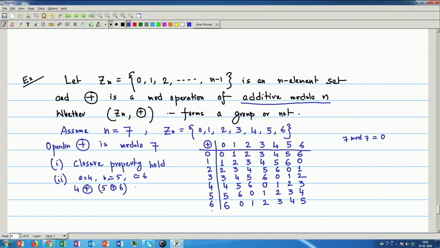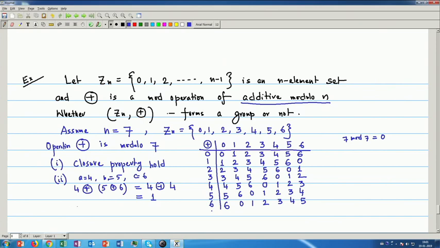6, this is equal to 5, 6, 11. So, this becomes 11 modulo 7, which is 4, and 4 plus 4 is 8. So, 8 modulo 7 is 1.